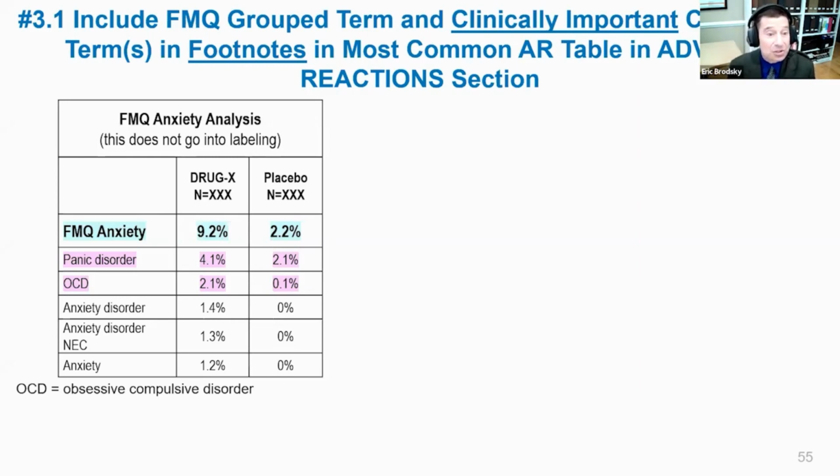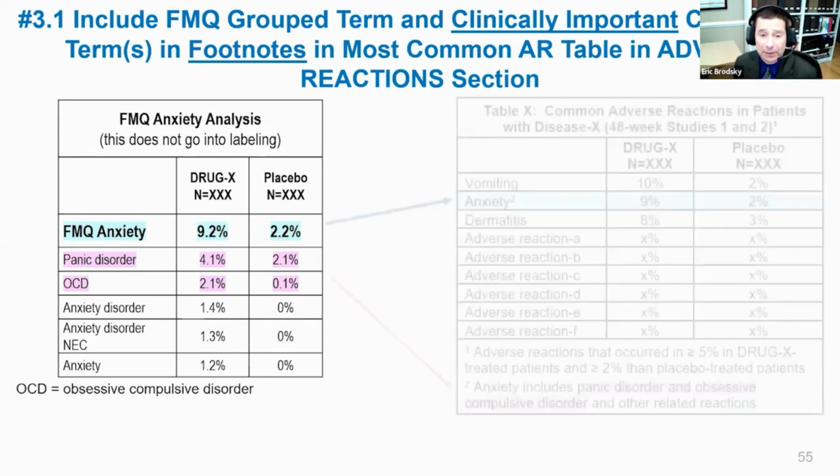So panic disorder, obsessive compulsive disorder could be considered more clinically important than the other terms that we used before, such as stress. 3.1 versus 3.2 presents 2 different approaches to how to identify these clinically important terms in the body and/or footnotes in the common adverse reaction table. And you could click through here.